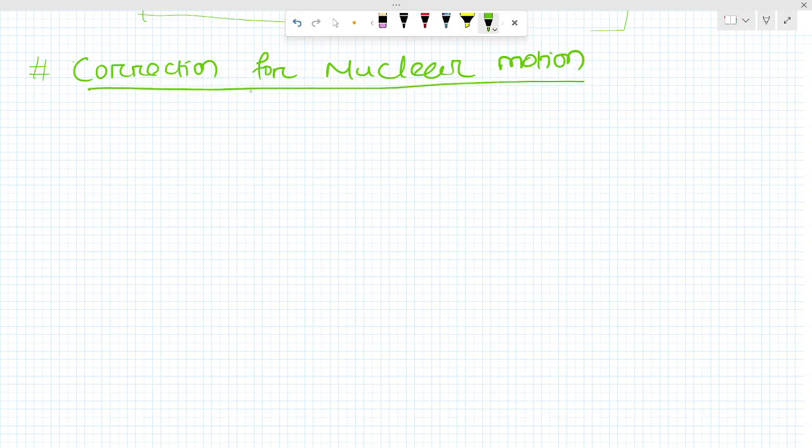First of all, in the development of Bohr's theory, the nucleus of the atom was assumed to be stationary.